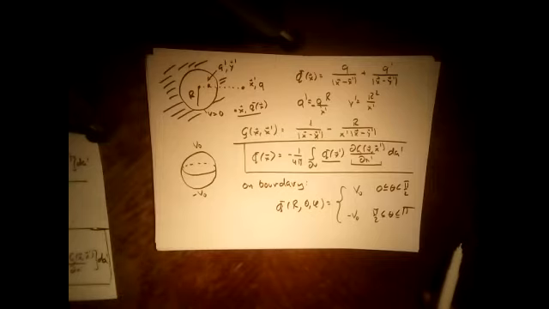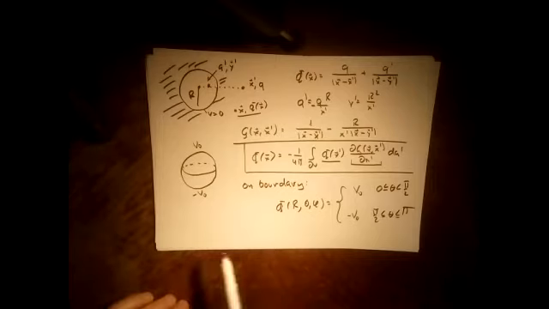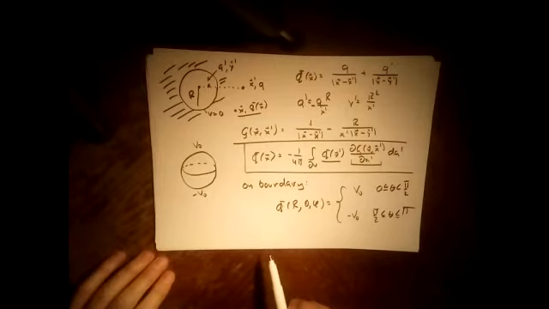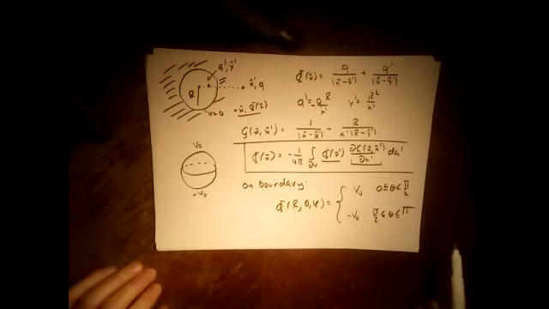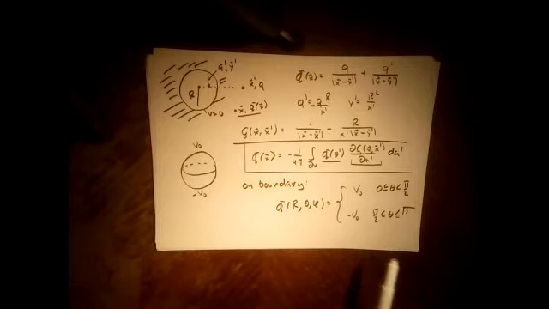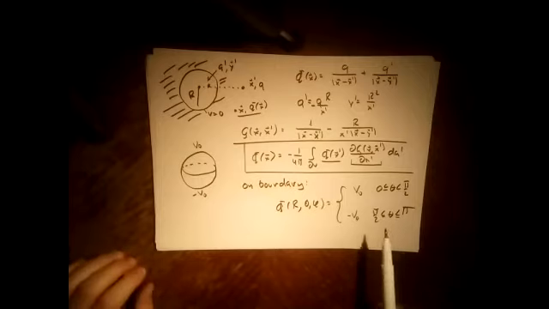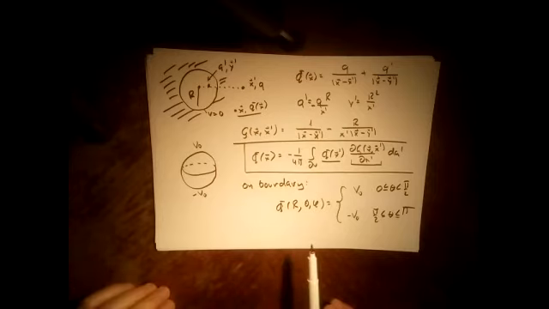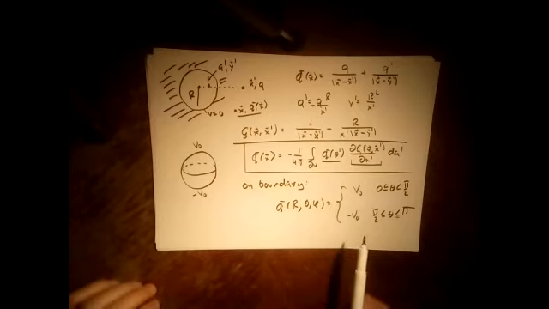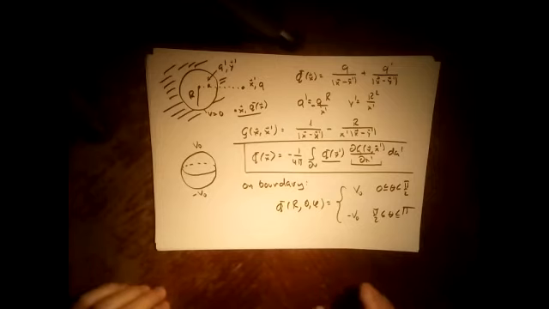Now, I'm going to outline the solution of a simpler problem, because even when we take this derivative and so forth, this is actually a pretty hard problem. There's another way to solve this, but that is not so instructive in terms of Green's functions and potentials. The other way would be in terms of Legendre expansion, in terms of Legendre polynomials.